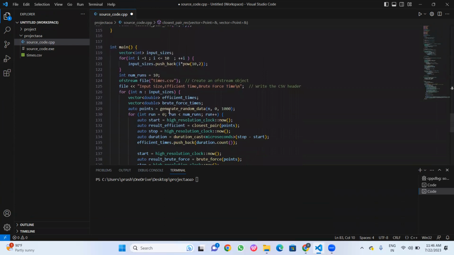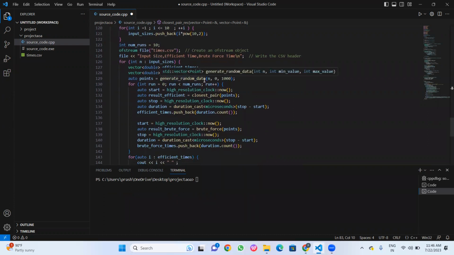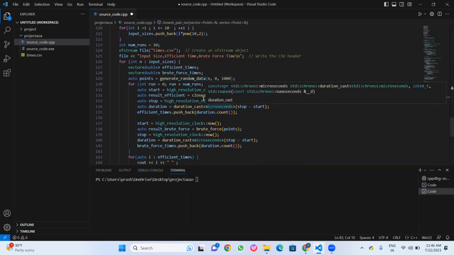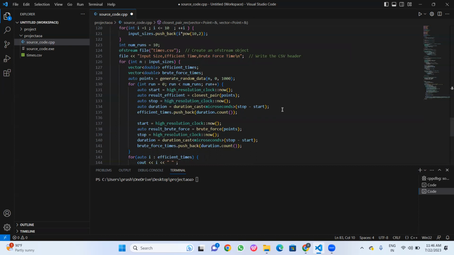And here is the main code. In the main code, we are recording the time. First, we have created a list with times.csv, where we have taken columns as input size, efficient time, and brute force time. Then we are taking the start time and stop time, and subtracting the start time from the stop time for each iteration, so that we get the duration of the run times.